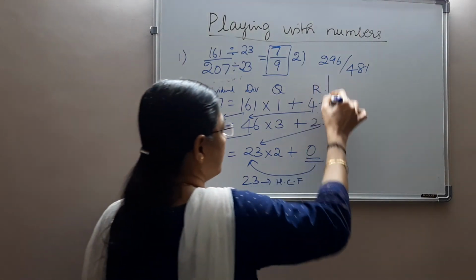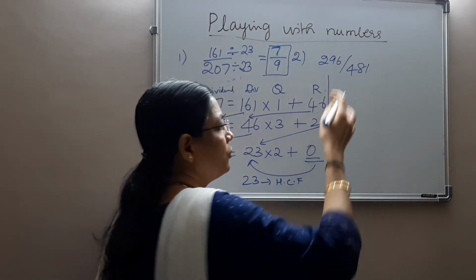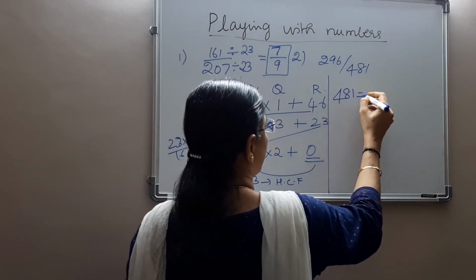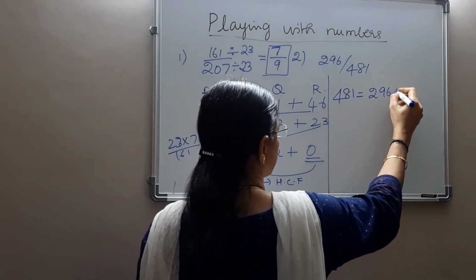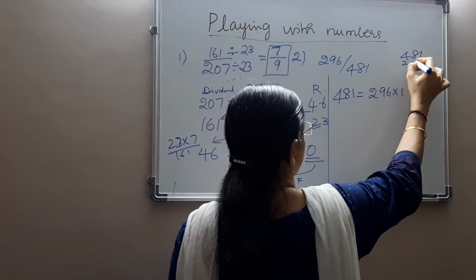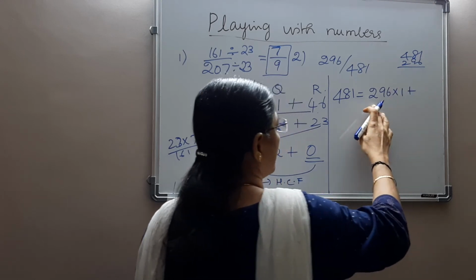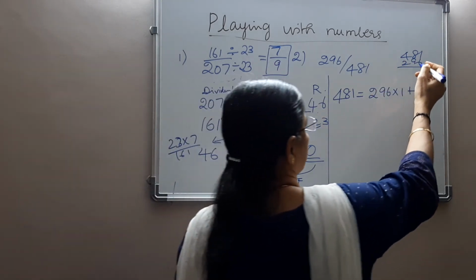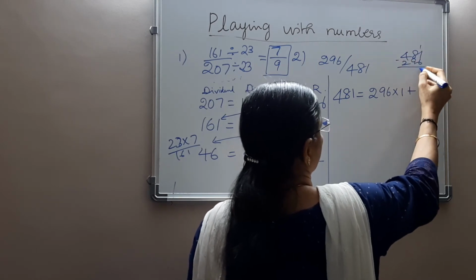So likewise, we find the HCF of 296 and 481. Take the larger number 481, you represent it by 296. Now 296 into 1 plus something. It is not necessary that every time you start with 1, but if you put 296 into 2, it becomes more than 481. So that is the reason I write into 1.